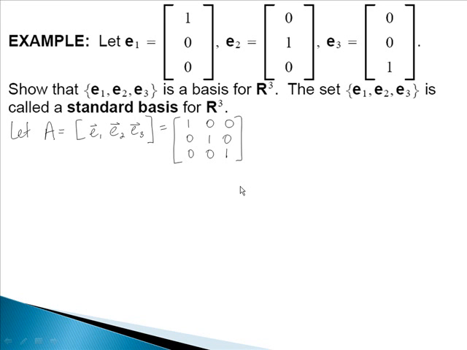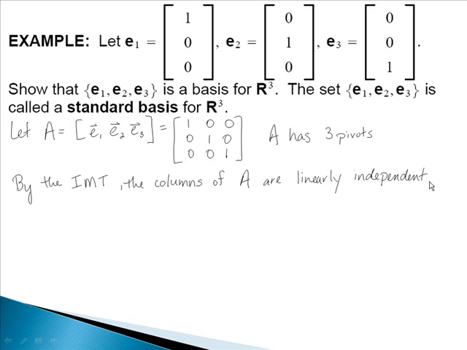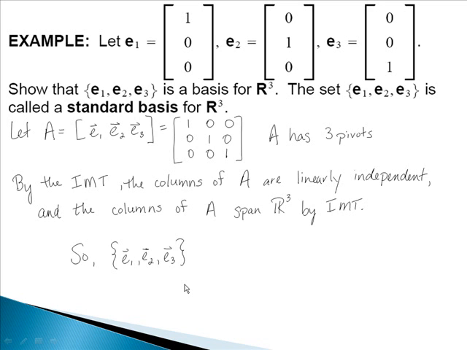We can see that our matrix A has 3 pivots. And since it's a 3 by 3, then we know by the invertible matrix theorem the columns of A are linearly independent. And similarly, the columns of A span R3, also by the invertible matrix theorem.